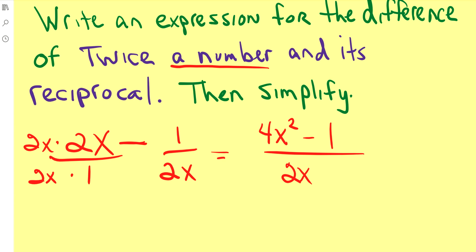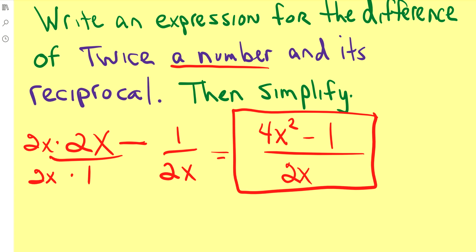If I factor 4x squared minus 1 and I get 2x minus 1 times 2x plus 1, is that going to help me with my canceling? It is not going to help. This would be my final answer.